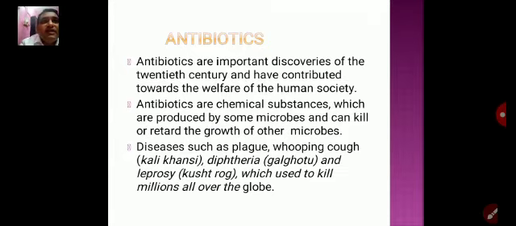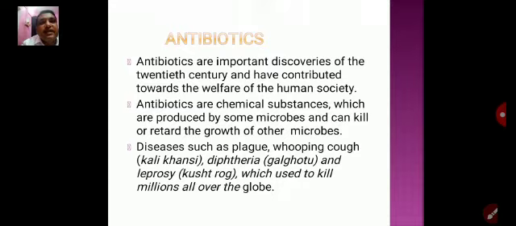Basically there are two categories of antibiotics. One is broad spectrum antibiotics and the other is narrow spectrum antibiotics. Some antibiotics like penicillin and streptomycin are effective only against a few bacteria and are known as narrow spectrum antibiotics.